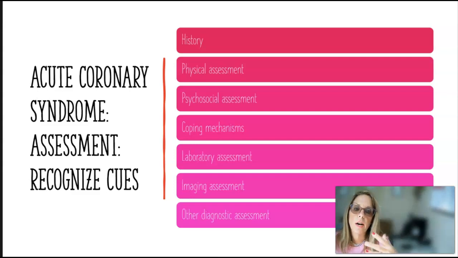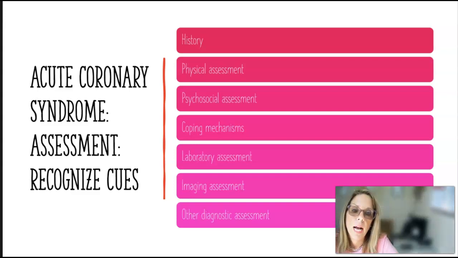And then we're trying to re-establish perfusion to the heart. So these are patients that will end up with interventions through cardiac cath. We'll see thrombolytics. If we identify that they do have a clot, we want to try to get thrombolytics administered within 30 minutes of presentation, no more than 6 hours after symptoms started.